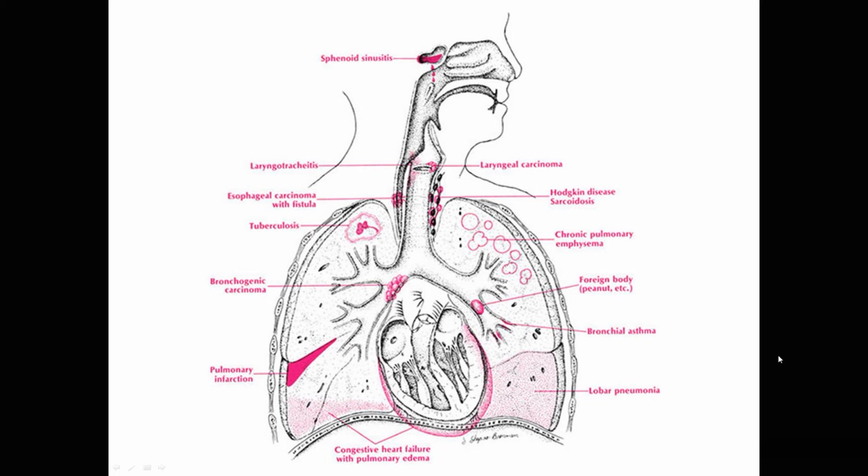This increased resistance may be due to changes within the lumen, for example, in bronchitis, or in the airway wall. This is the inflammatory response in bronchitis, or eventually within the supporting structures as observed in emphysema. These are the major changes contributing to the increased resistance to airflow, to the obstruction.